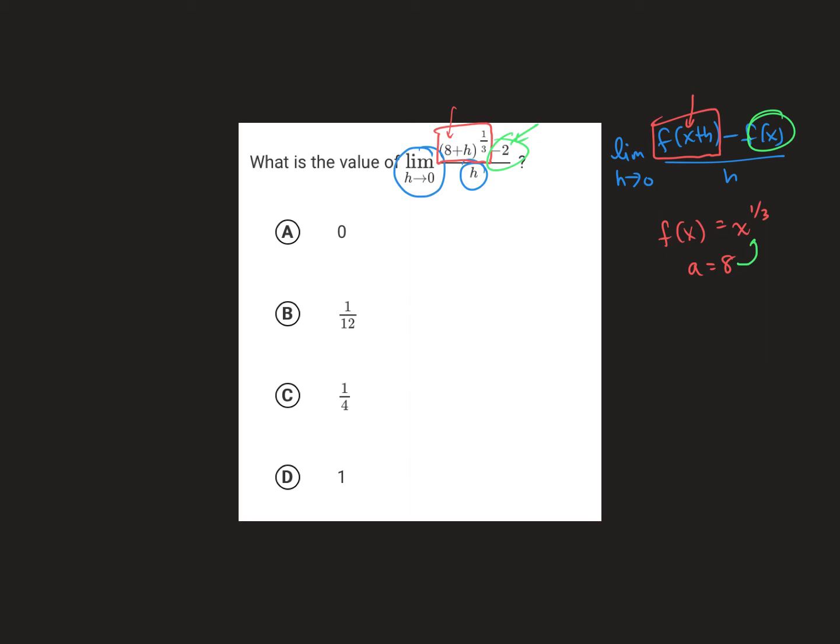So you're like, okay, so why? How do I do the problem then? Well, this whole thing is asking for the derivative of this function at this number. So instead of going through all this process of trying to simplify that limit, what I'm going to do is take the derivative using the power rule and plug in 8.